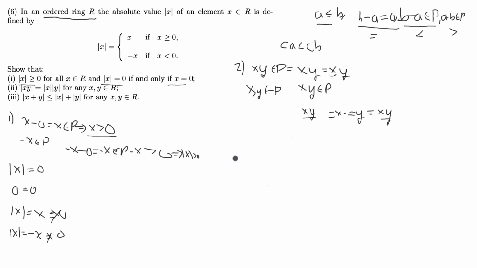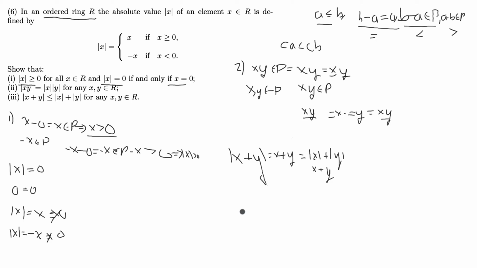If they're both positive elements, then we have x plus y, and then we take its absolute value, which is just going to equal x plus y, and then we see this is equal to the absolute value of x plus the absolute value of y, because this is x plus y on the right-hand side.